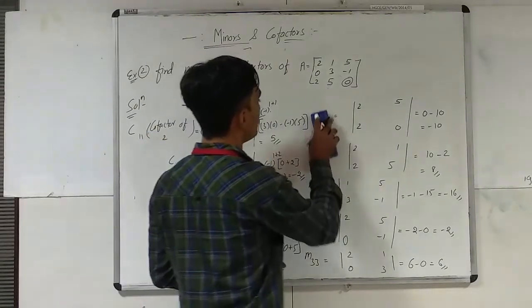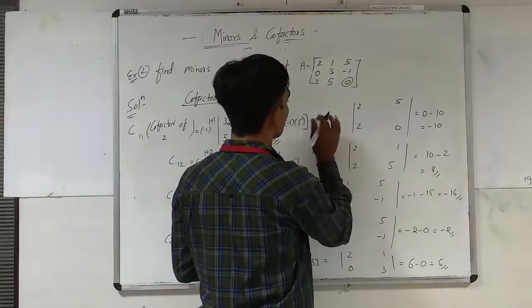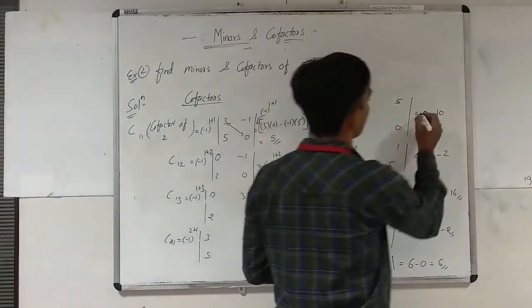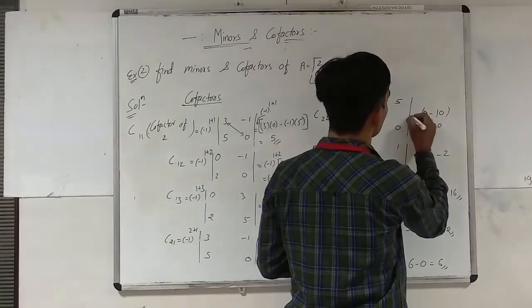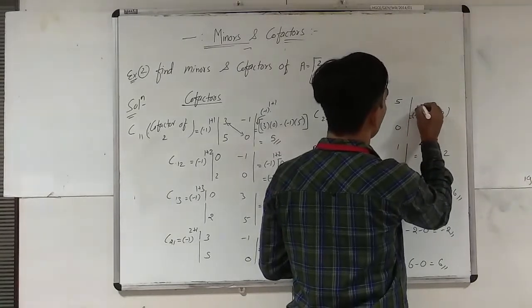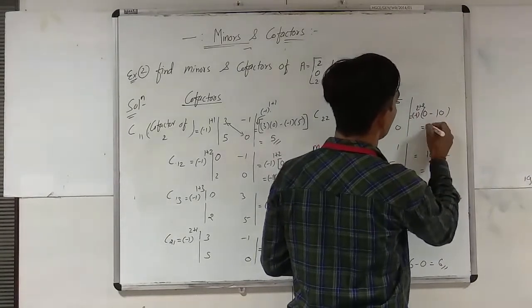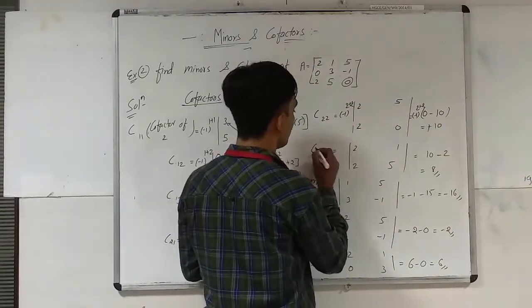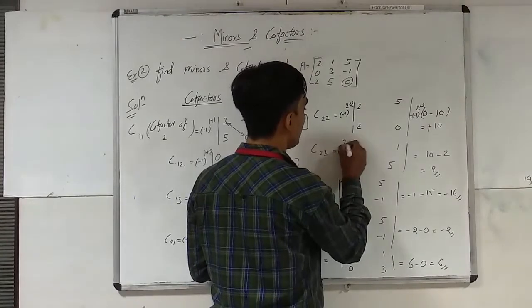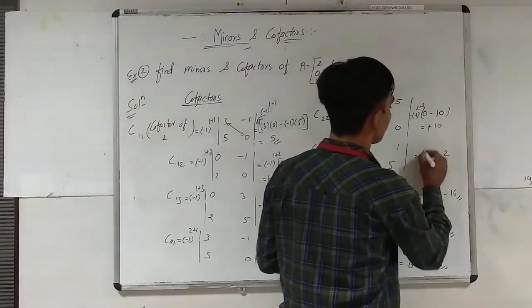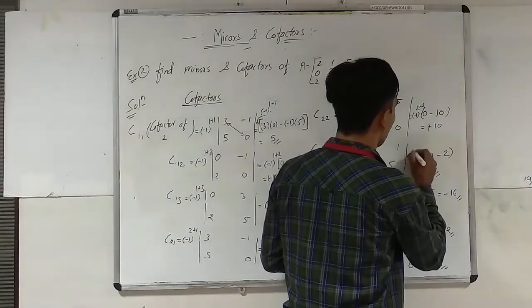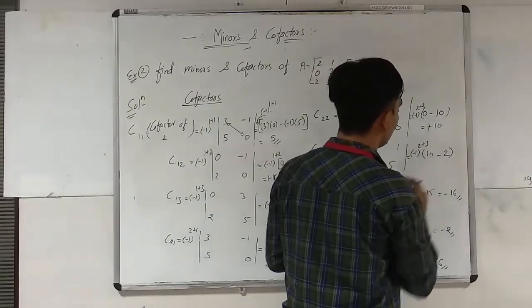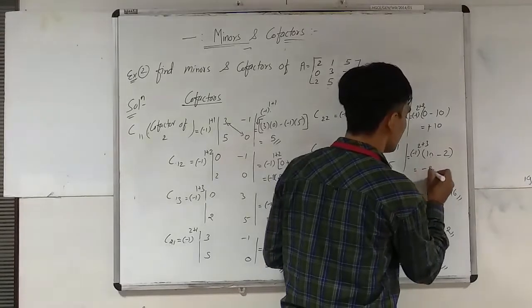Same way, C22 is minus 1 power 2 plus 2, so it is plus 10. Same way, C23 is minus 1 power 2 plus 3, so it is minus 1 into 8, so it is minus 8.